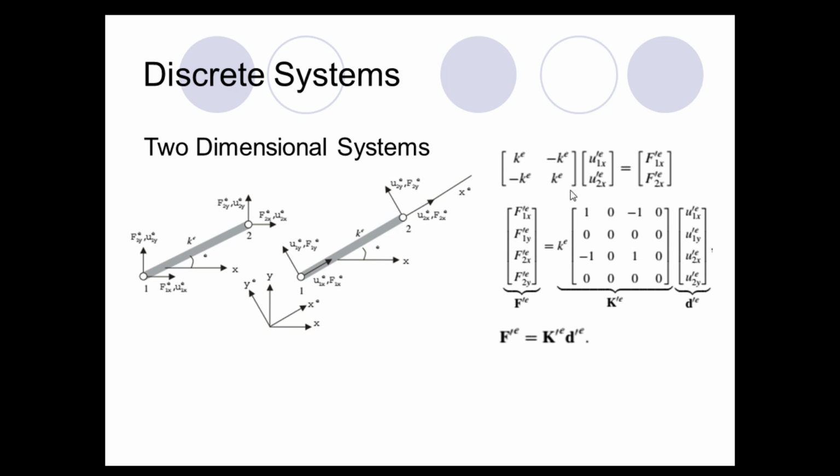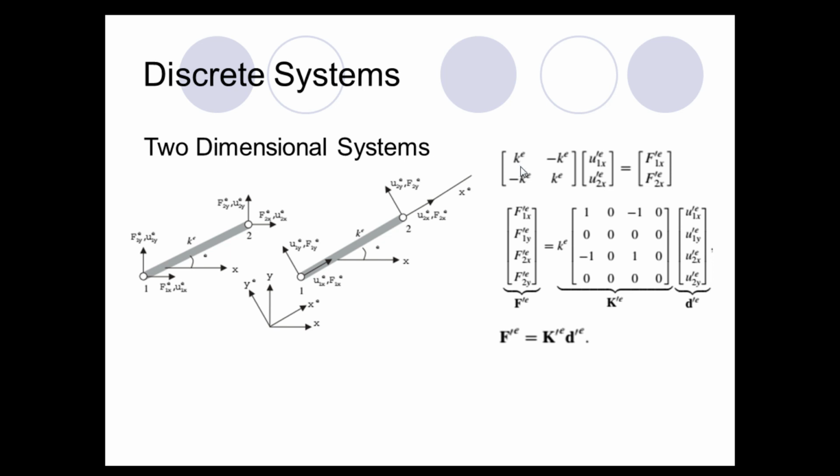Now, of course, first I have an angle of rotation, okay? So I write the force equilibrium in xe prime and ye system. So I have this relationship from one-dimensional problems.